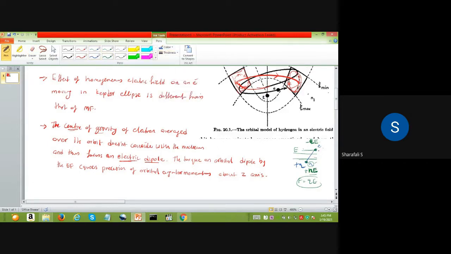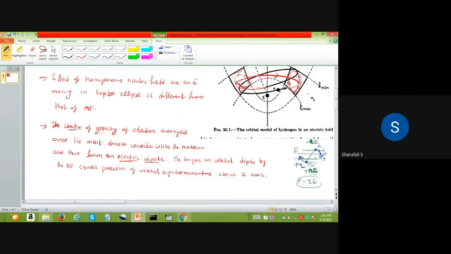You can check that direction. Let's say this is your electric field. I think it should be in the opposite way, right? Anyway, it will have some torque effect here.